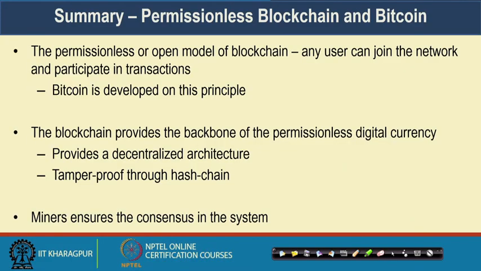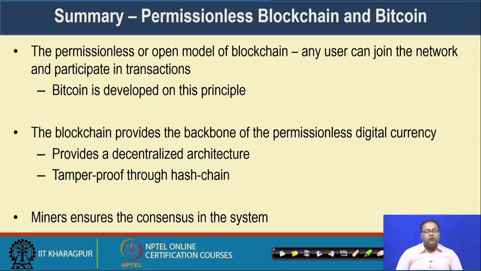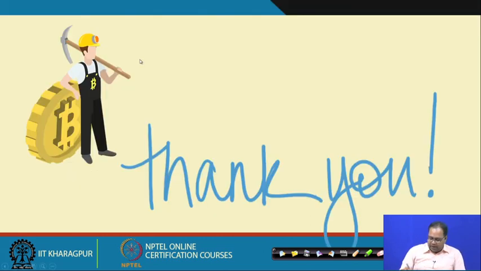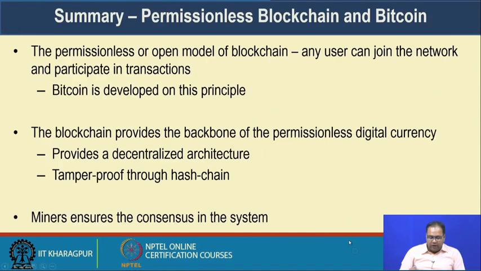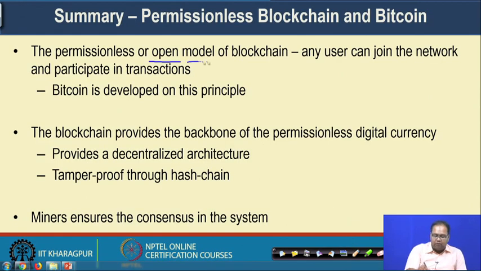Well, in summary, till now we have looked into the permissionless or open model for blockchain, where any user can join the network and participate in the transactions, and Bitcoin is developed based on this principle.